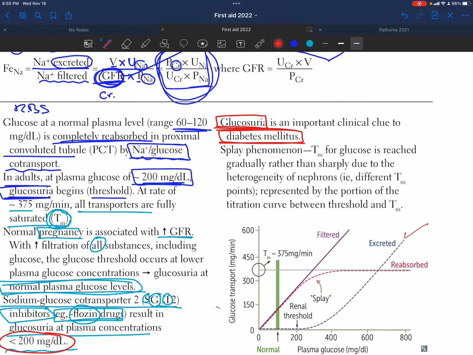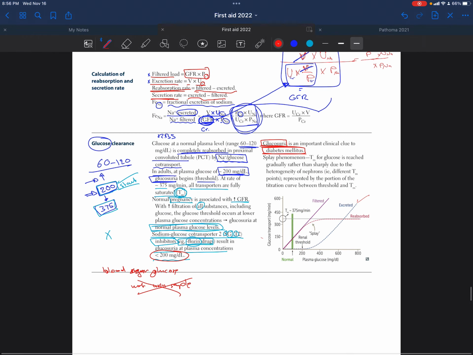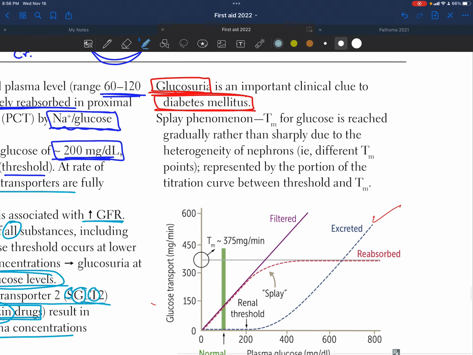That's why in pregnancy, in order to check if the female has diabetes, we need to check her blood glucose, not the urine sample. That's not for pregnancy.